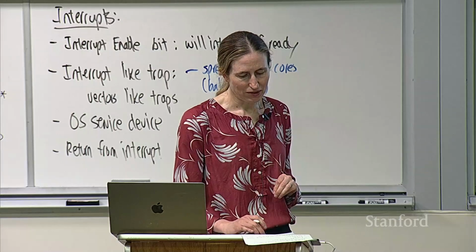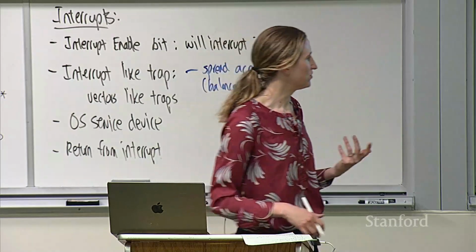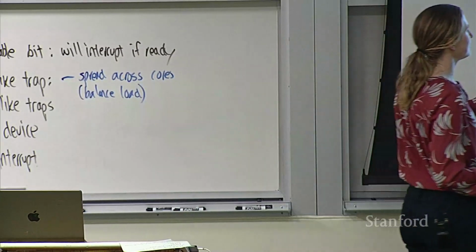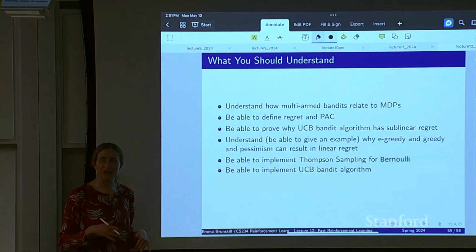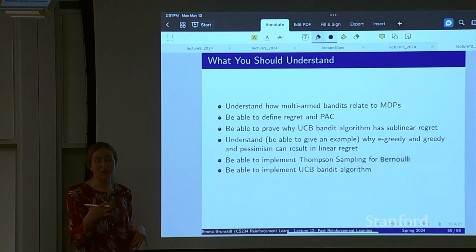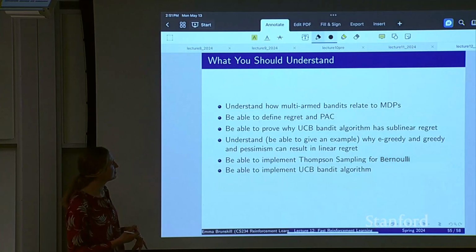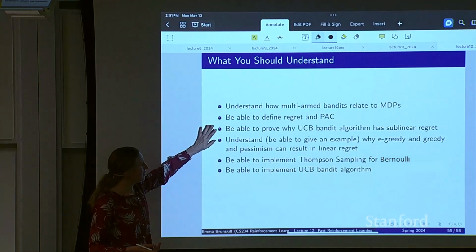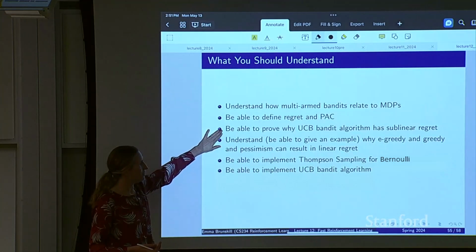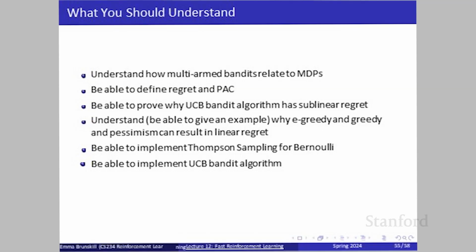All right, so just to summarize some of the things that are useful to understand from this part of the course, and next time we're going to start talking about these ideas for sequential decision processes, like Markov decision processes. You should be able to define regret and PAC. You should be able to prove, or know why, the UCB bandit algorithm has sublinear regret, up to the proof sketch we did in class. You should be able to give an example of why e-greedy and greedy and pessimism can result in linear regret.